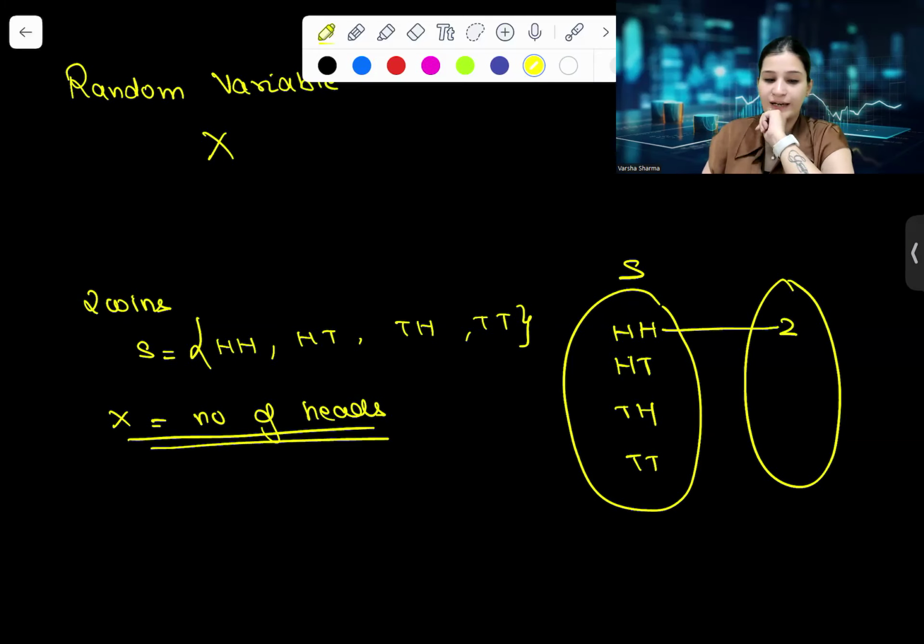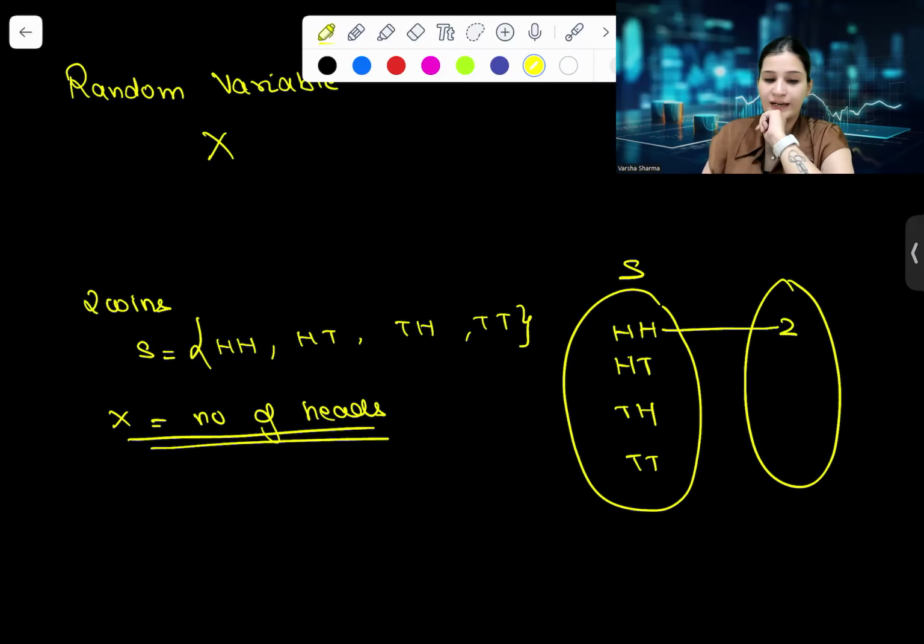Sample space: HHH, HHT, HTH, HTT, THH, THT, TTH, TTT. Eight outcomes, basically. You should have 8 outcomes written.